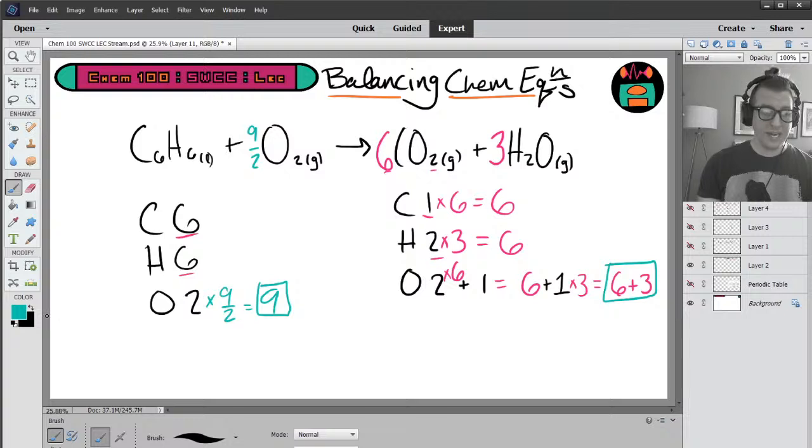So to correct this, we need to multiply everything in our balanced chemical equation by the denominator of our fraction, which is 2.